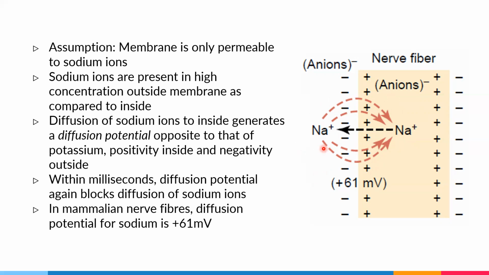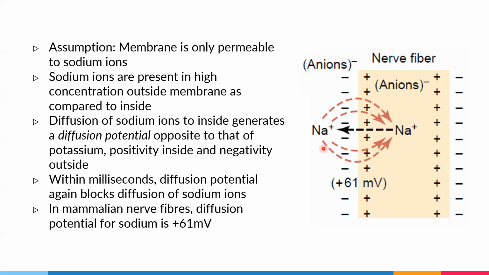Again, we see that an electrostatic diffusion potential is generated, and as before, this finally counteracts the diffusion that was happening due to the concentration difference. Thus, the electrostatic potential finally balances the concentration gradient. Within a millisecond, the diffusion potential again blocks the diffusion of sodium ions. In mammalian nerve fibers, the diffusion potential for sodium is plus 61 millivolts.